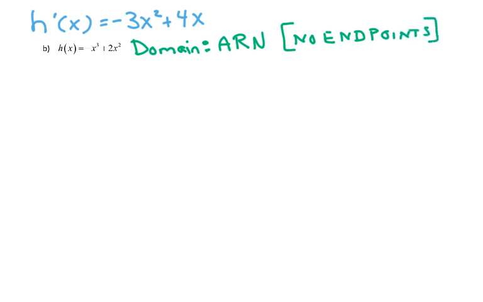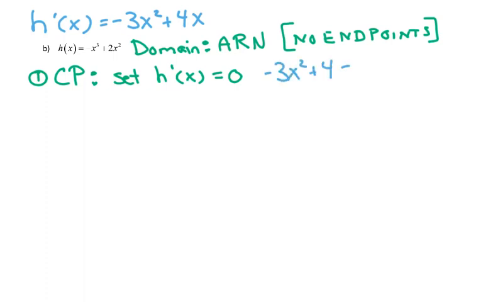Okay, so we're going to find where it's increasing and decreasing. The first thing we want to do is find the critical points though. So set your derivative equal to 0. So what does that look like? Negative 3x squared plus 4x equals 0.